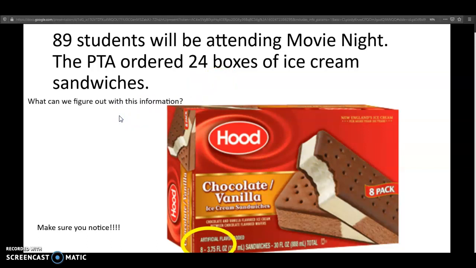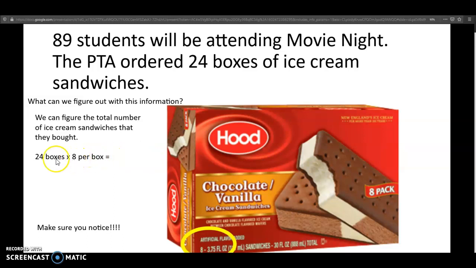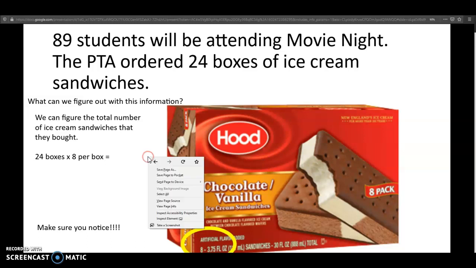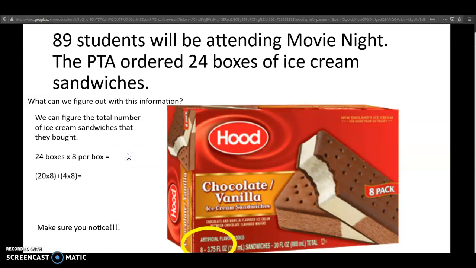So what can we figure out with this information? We can figure out the total number of ice cream sandwiches they bought by multiplying the 24 boxes times the 8 ice cream sandwiches per box. When I look at this problem, I try to do mental math by breaking it up.